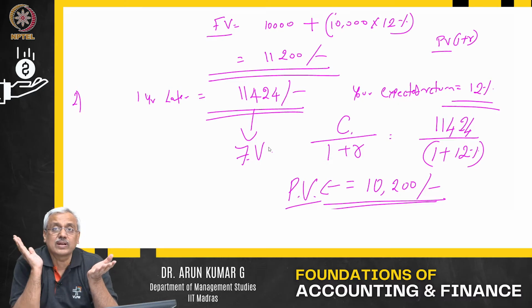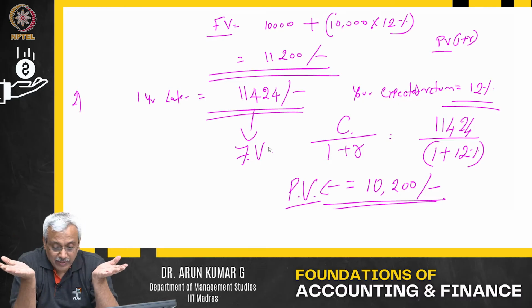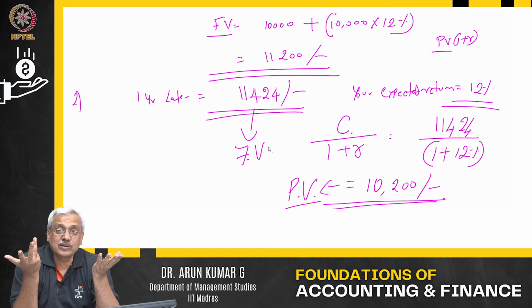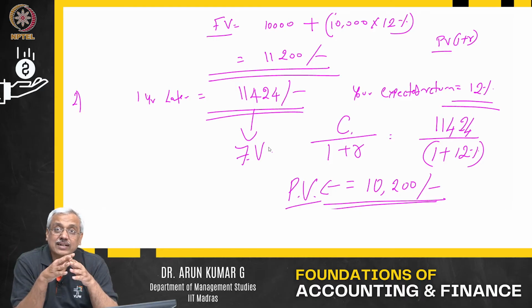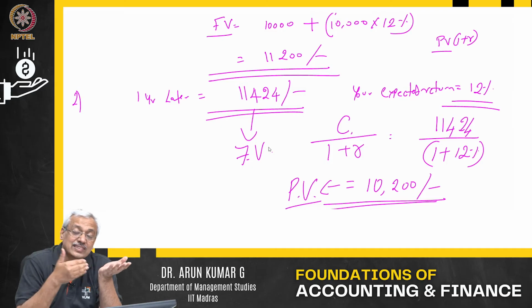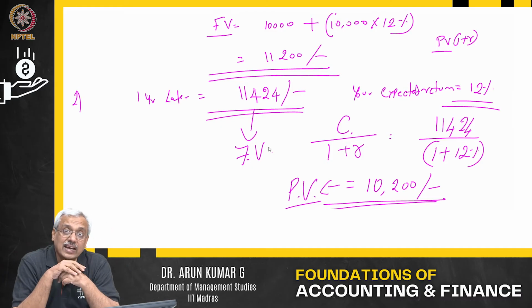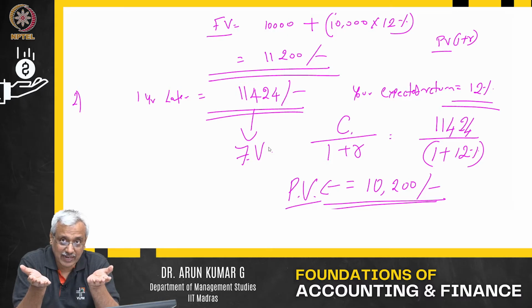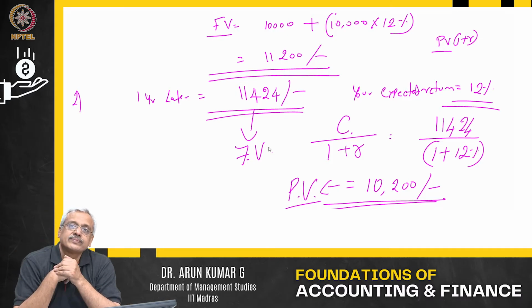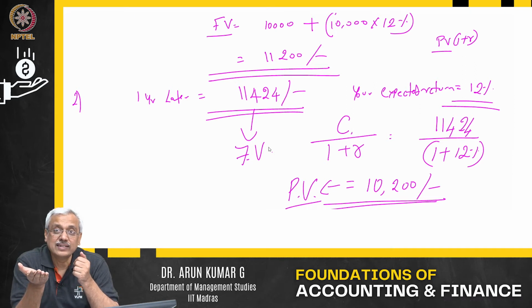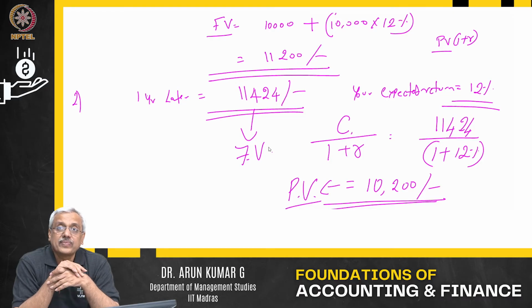I can discount this money by any number n, depending on the expected return. In this particular case, the alternative investment I have gives me 12%, so 12% becomes my benchmark discounting rate. So I get this figure.